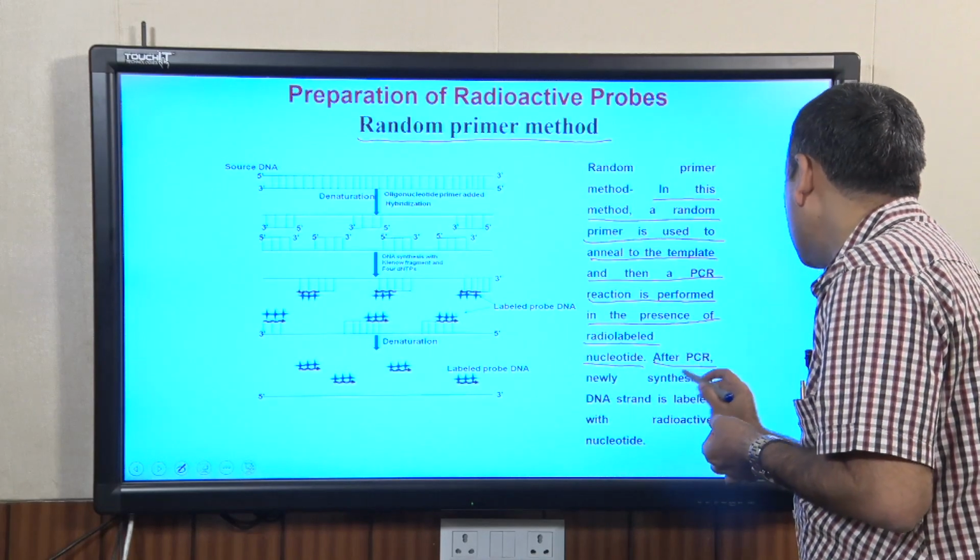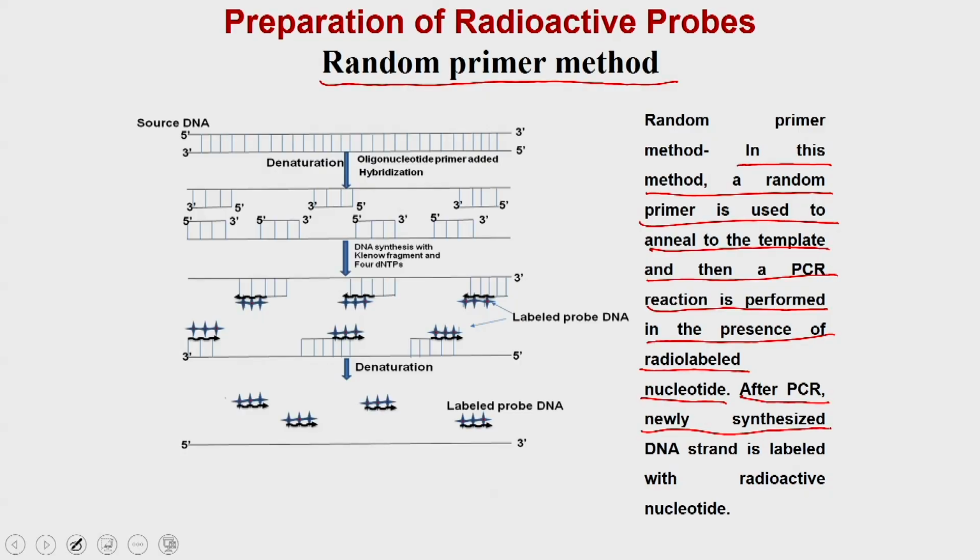After the PCR is over, you have a newly synthesized DNA strand, but the nucleotides incorporated are not normal nucleotides, they are radioactive nucleotides, and that is how the probe you develop is going to have radioactivity in it.